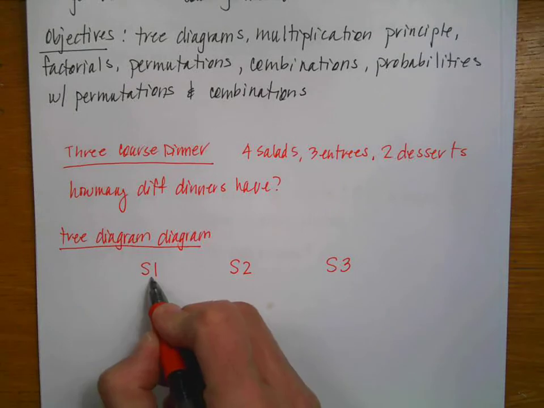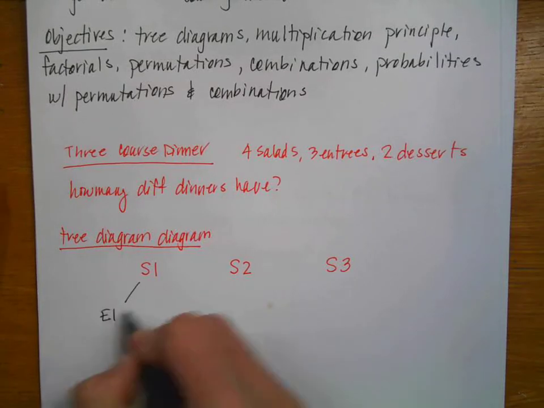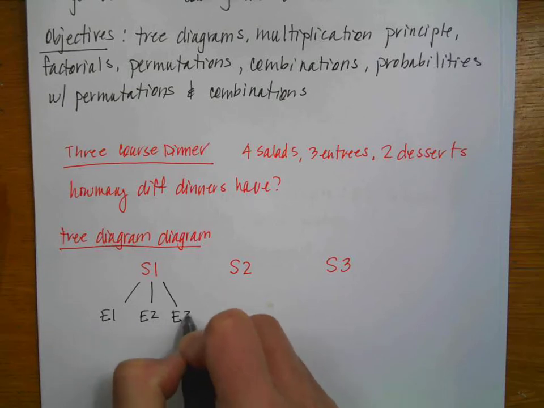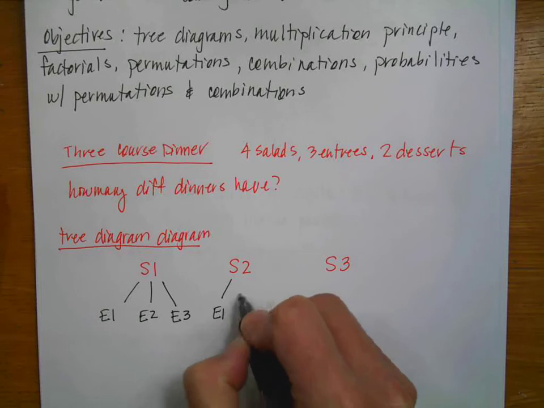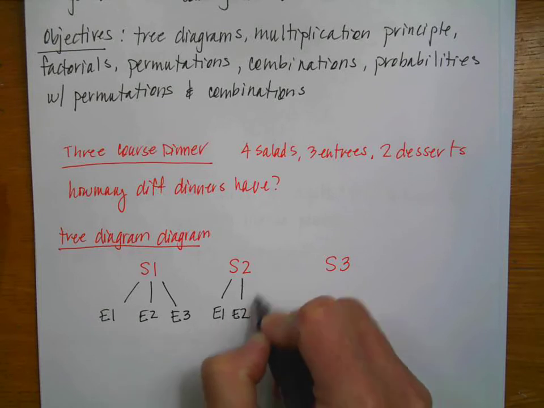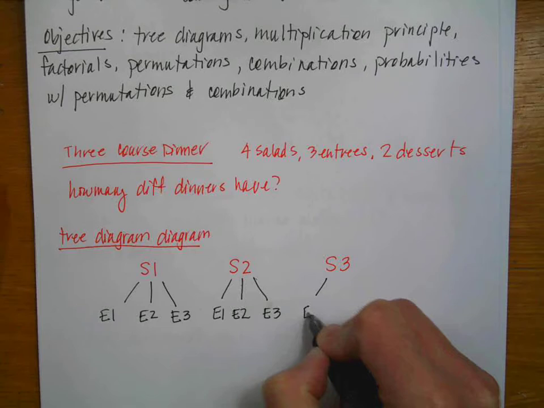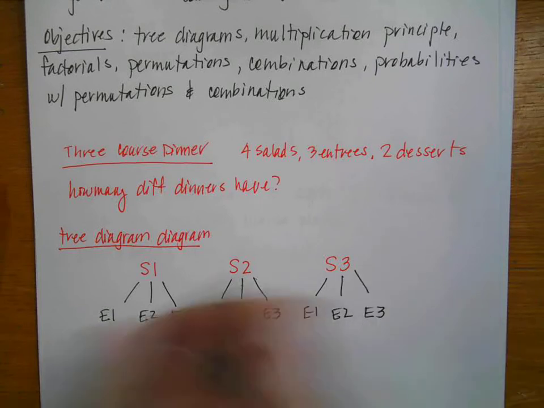And then for each of those different salad choices, let's say I have the first entree, the second entree, and the third entree, and then I have that for each of my choices of salads, so E1, E2, E3, and then for my third, I had E1, E2, and E3.